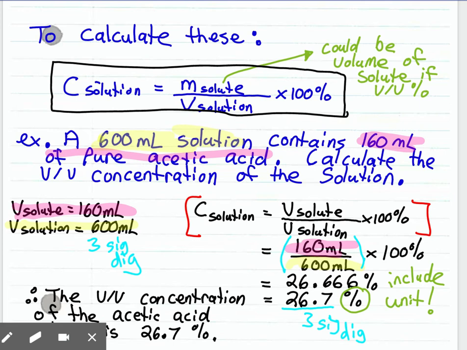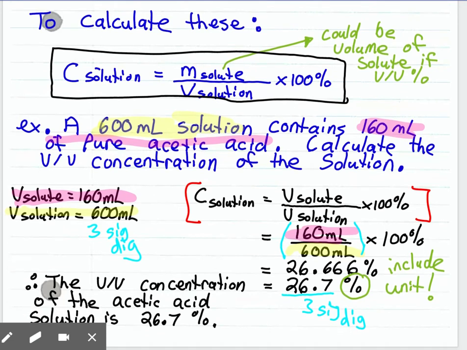And then for proper communication, you're also going to make sure that you write your unit after your answer here, percent. I also want you to note that I included my units beside my numbers. So 160 mils and 600 mils is there. Again, that's proper communication. So you always want to include your units beside your numbers.